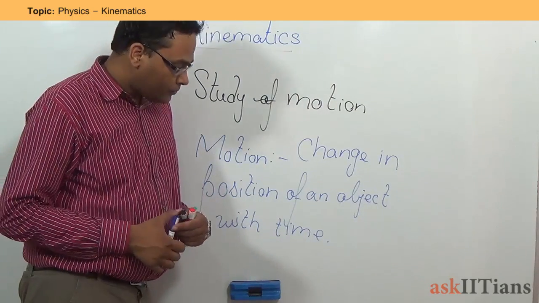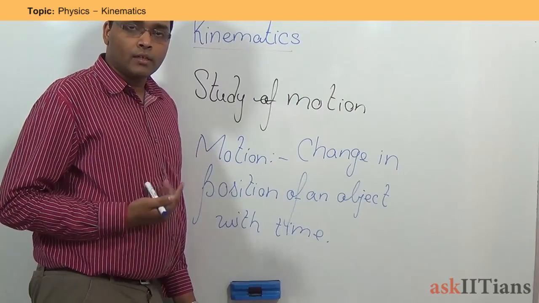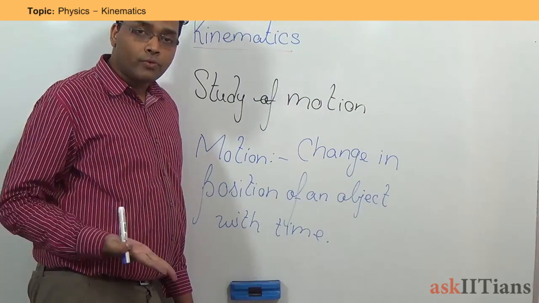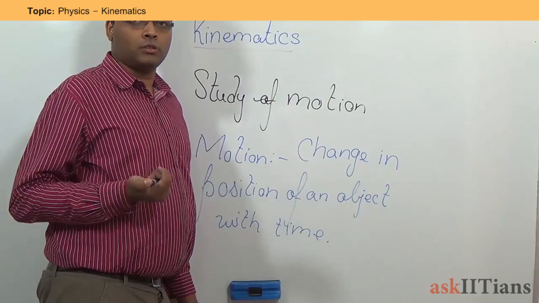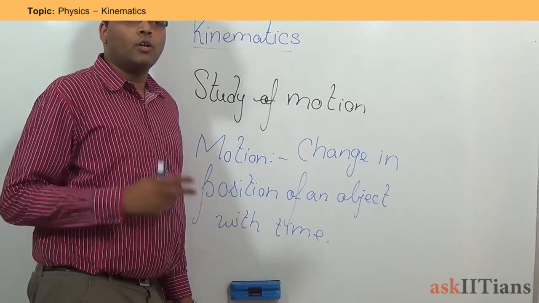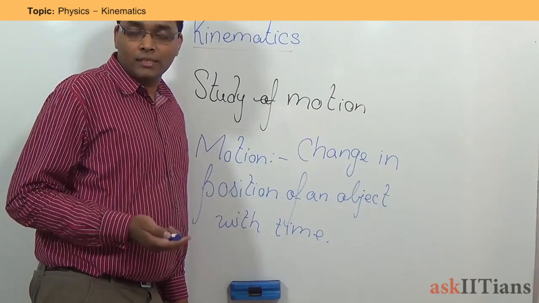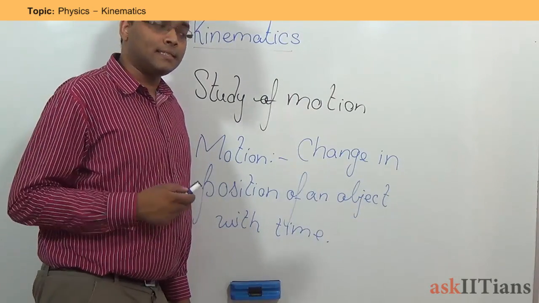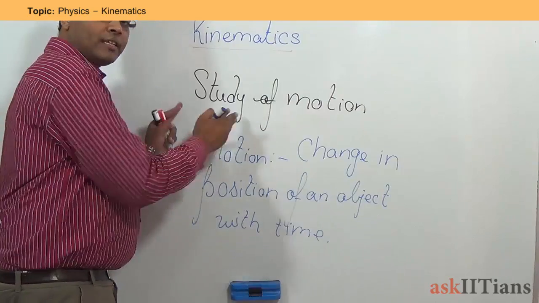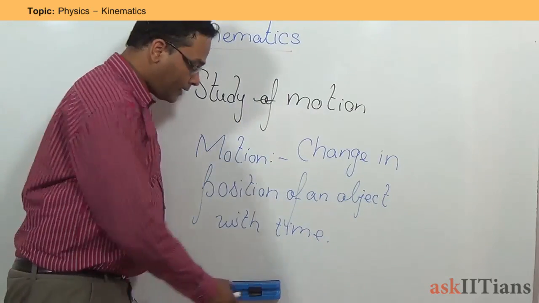Okay, now if I say that any object is moving, that means what? It is in motion. And to study how exactly it's moving, whether it is moving at a constant velocity, at a constant rate, or it is accelerating or decelerating, that is the study which we are going to do, which is known as kinematics, right?